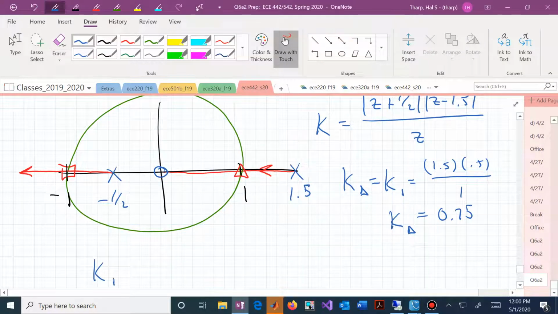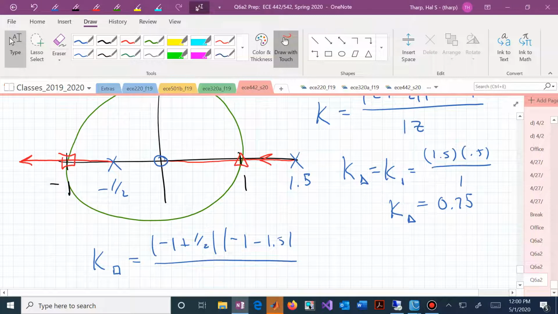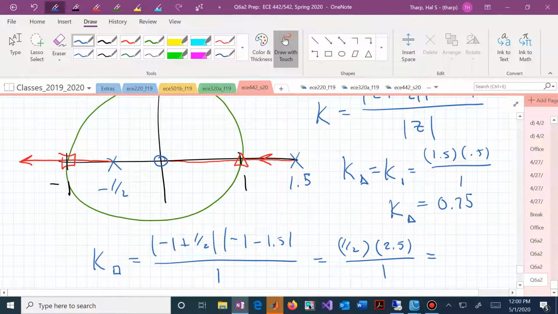The value of our gain at the box is now minus 1 plus 1/2 times minus 1 minus 1.5, all over the magnitude of z, with a denominator value of 1 as well. Or we now have 1/2 of 2.5, so now this is 1.25.